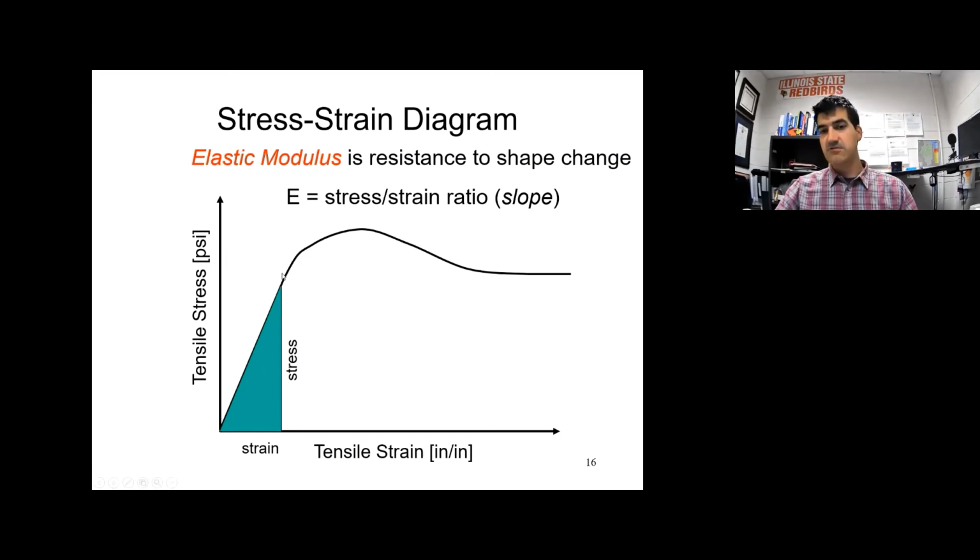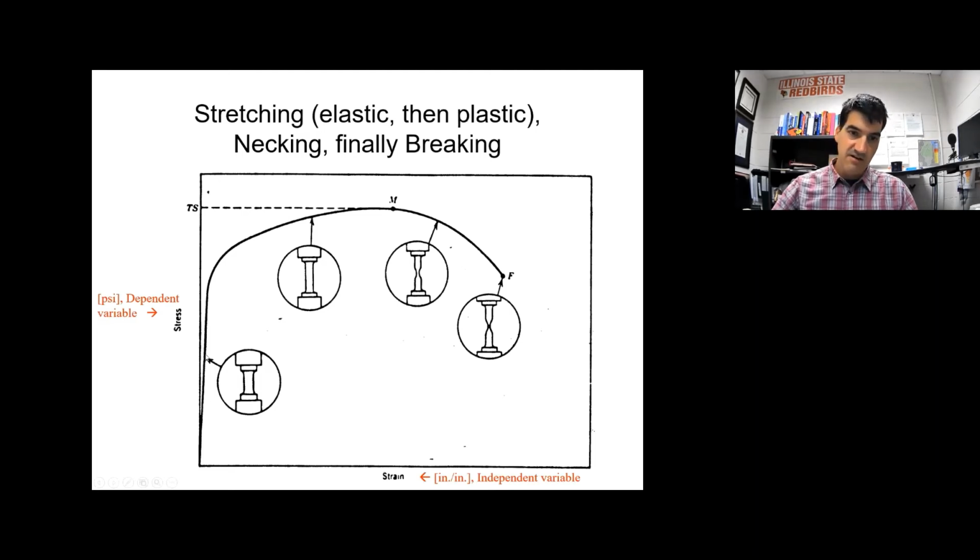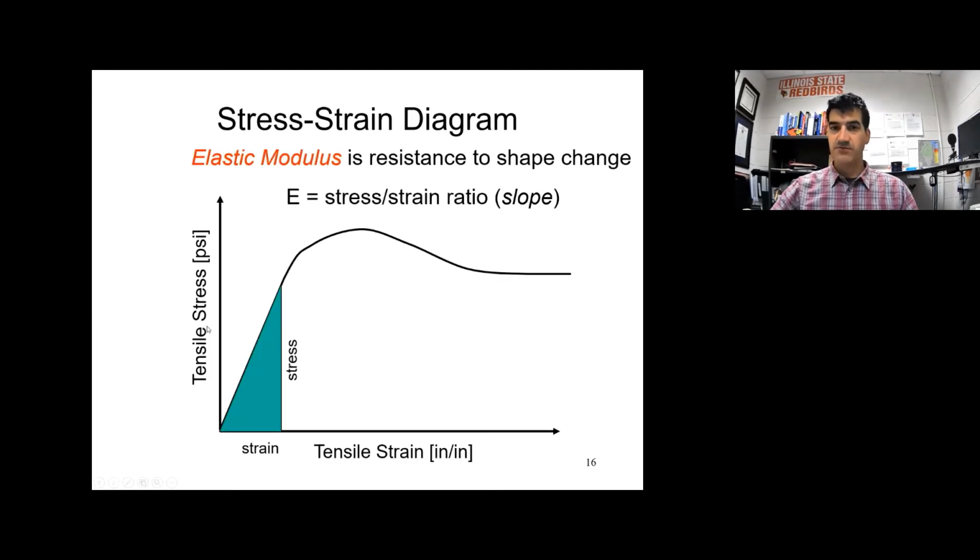And the slope of that linear region is called the elastic modulus, or the modulus of elasticity, or the Young's modulus. They're all the same thing. And that is a measure of rigidity or stiffness of the material. And again, we'll talk a lot more about that later.